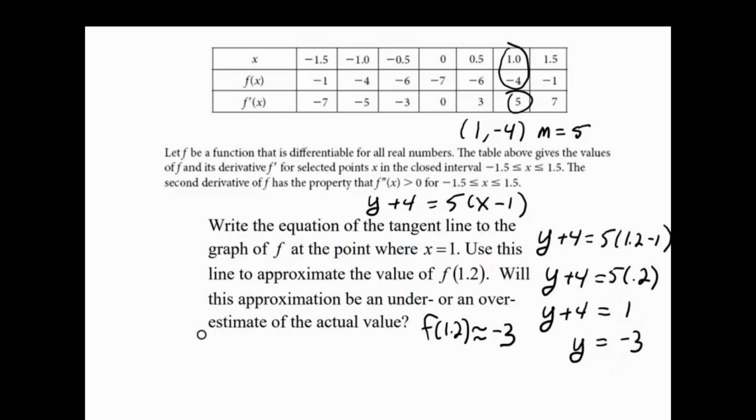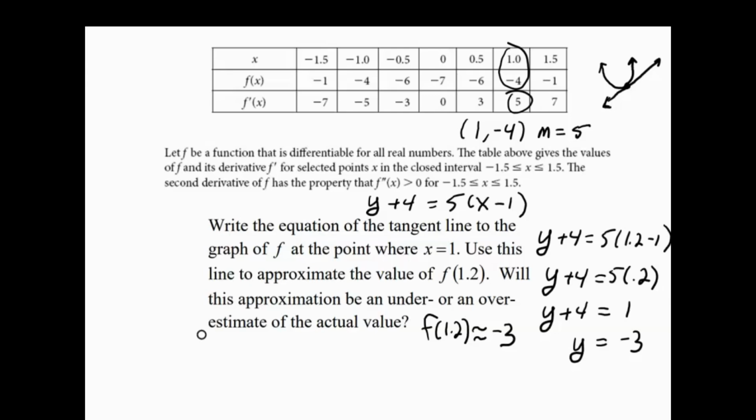Okay, so now they want to know, will this approximation be an over or underestimate of the actual value? So what we need to understand is our tangent line here, and what we're going to look at is the concavity. When a function is concave up and we connect a tangent line to it, we can see that the tangent line is tucked underneath the curve.